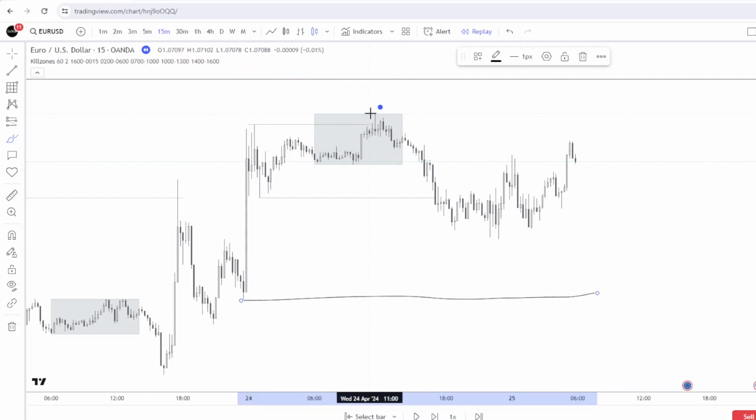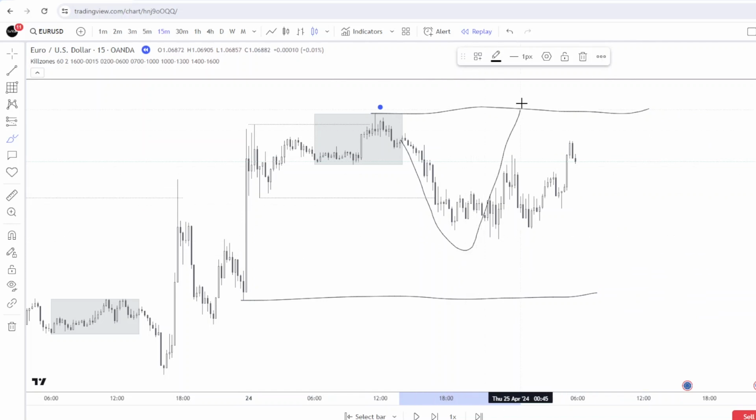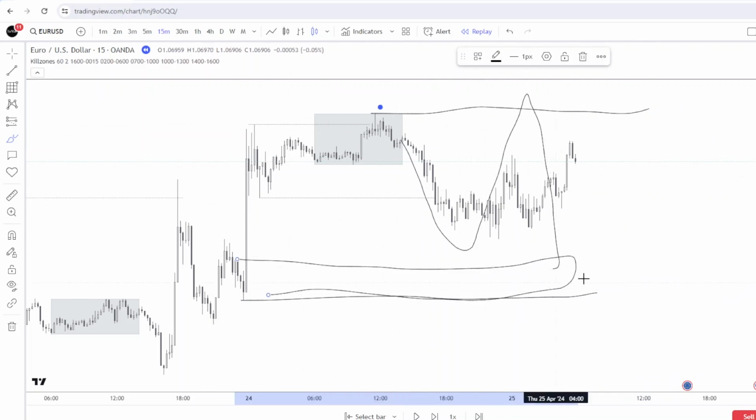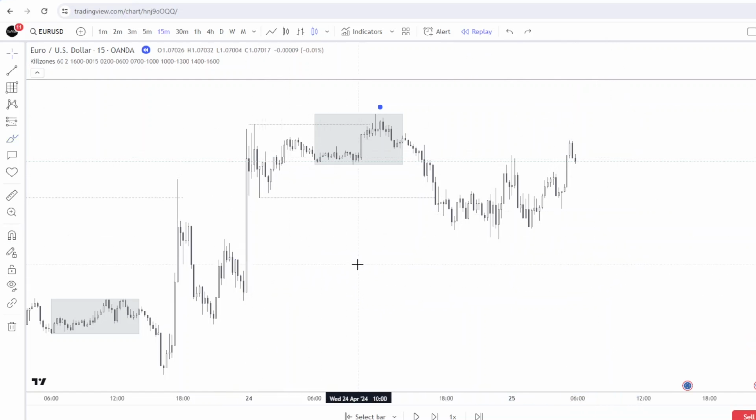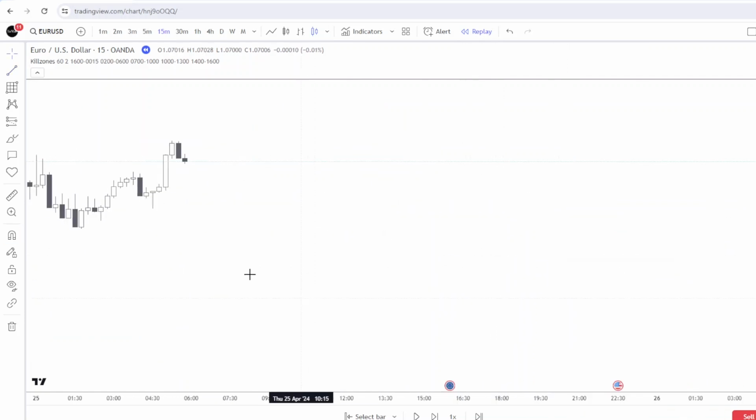I'm waiting for a T1 or a T2 in this range, and price to continue up because there is no internal range liquidity here. So what did price do? Price then came here and took out this high. That's the high that was taken on M15. Let me just zoom it in.